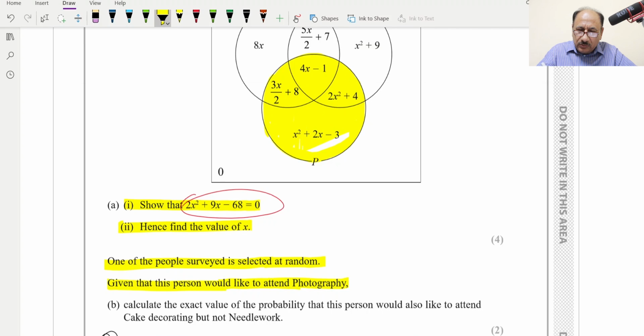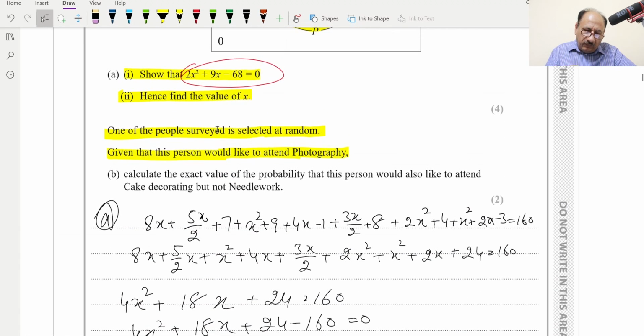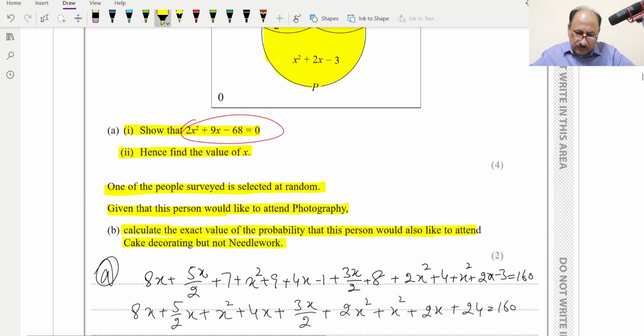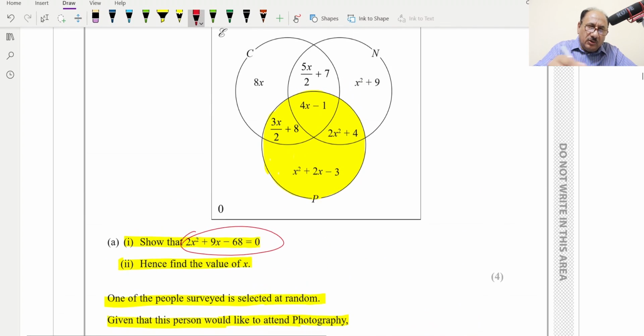But our total value will be not 160, it will be only within this p section. So they are saying photography, calculate the exact value of the probability that this person would also like to attend cake decorating but not needlework.